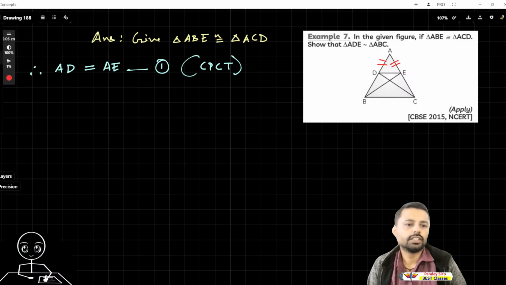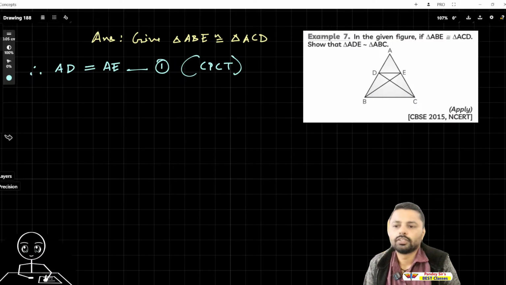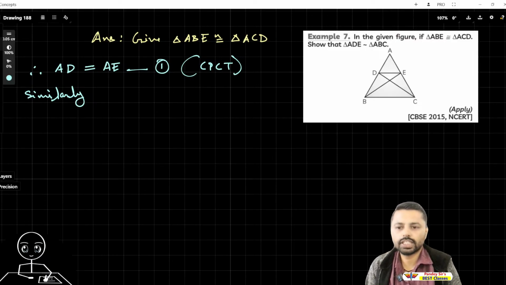Similarly, this entire AB and entire AC also will be equal. Or similarly, if you don't write that's also fine.